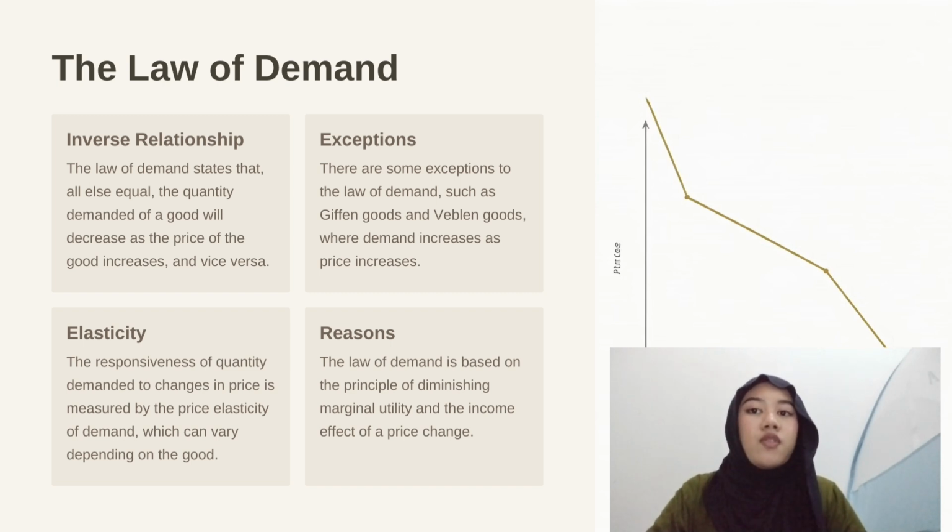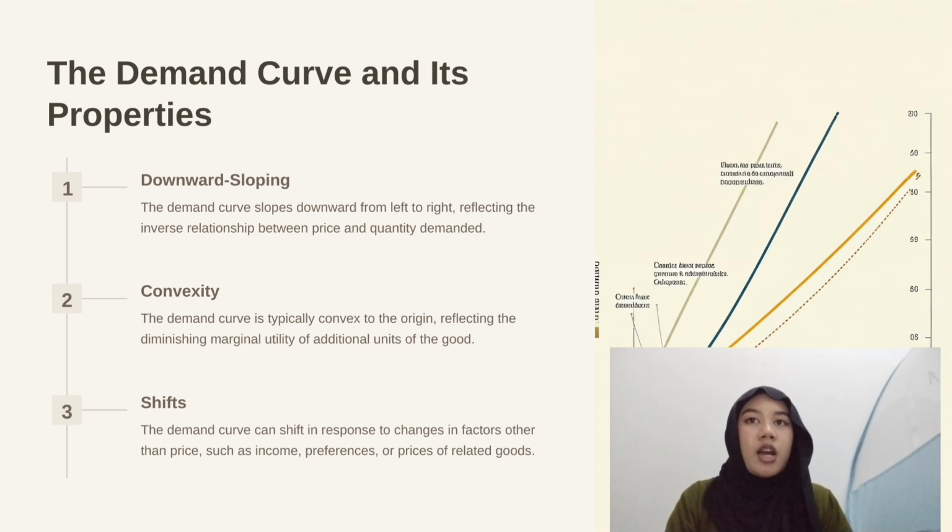Reasons. The law of demand is based on the principle of diminishing marginal utility and the income effect of a price change. The demand curve and its properties. 1. Downward sloping. The demand curve slopes downward from left to right, reflecting the inverse relationship between price and quantity demanded. 2. Convexity.